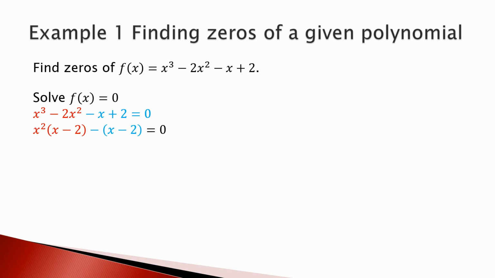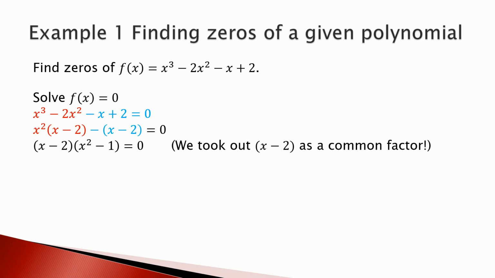Even if you had 3 or 4 terms, if it's the same thing, you can take it out as a common factor. So what do you get when you take x minus 2 as a common factor? Here, when you take out x minus 2, you are left with x squared, and here you are left with negative 1. You divide negative times x minus 2 by x minus 2, then you are left with negative 1.